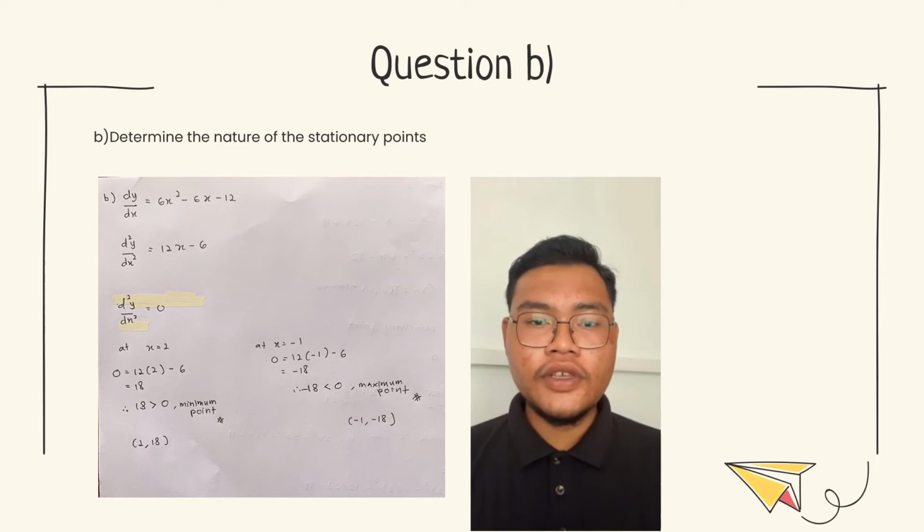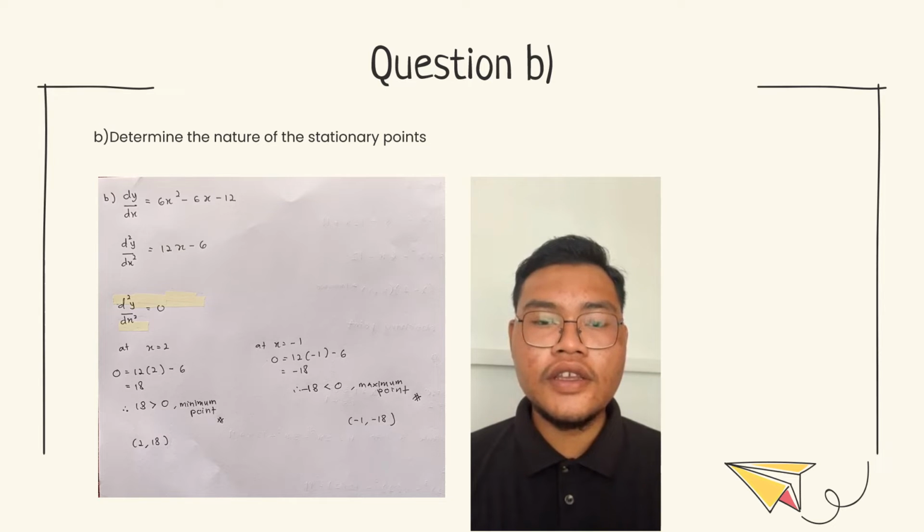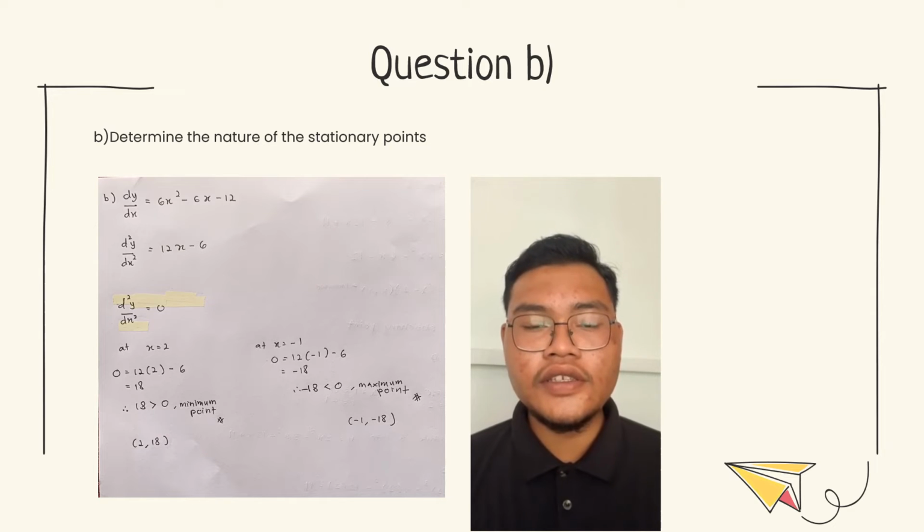For question B, the first step we need to do is make the second degree of differentiation. The first degree of differentiation that we got is 6x squared minus 6x minus 12. For the second degree of differentiation, which is d squared y over dx squared, we get 12x minus 6.